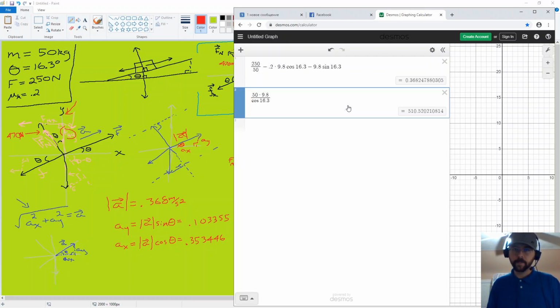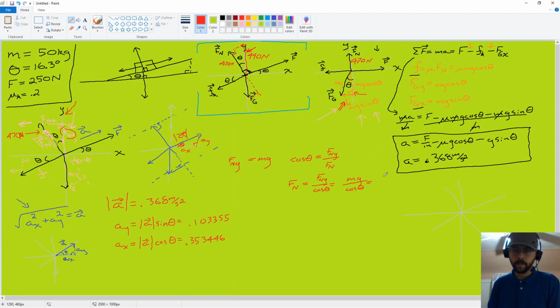This is telling me it's 510. So this is equal to 510 newtons. But we know that that's not true. Force normal is supposed to equal 470 newtons. So it does not work.